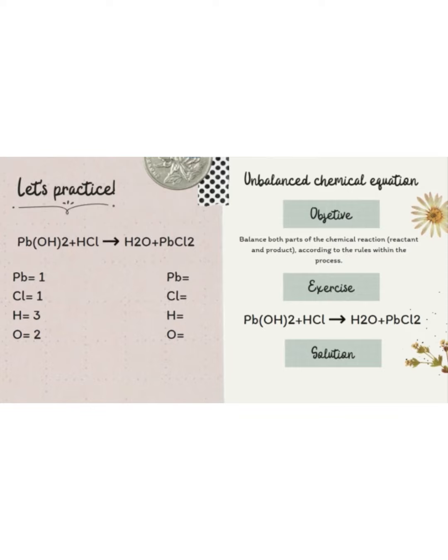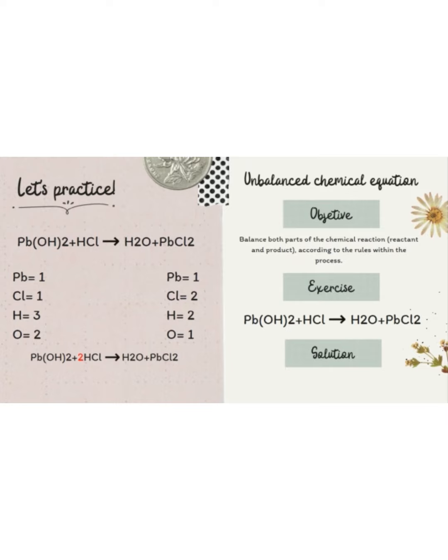In the reactant side, we have 1 lead atom, 1 chlorine, 3 hydrogen, and 2 oxygen. In the product side, we have 1 lead, 2 chlorine, 2 hydrogen, and 1 oxygen. We need to balance chlorine, hydrogen, and oxygen. To do this, we add 2 coefficients in the reactant next to the hydrogen and chlorine.